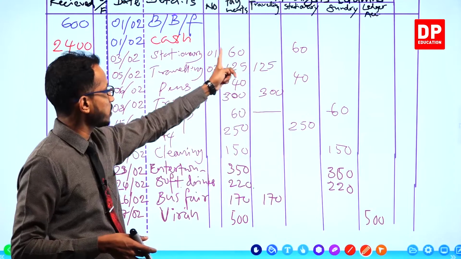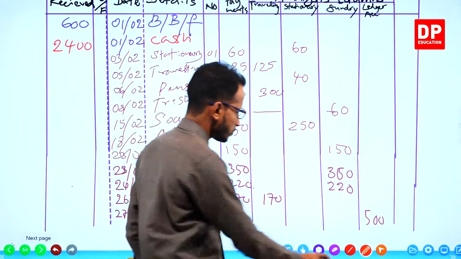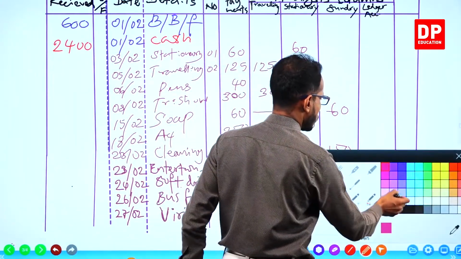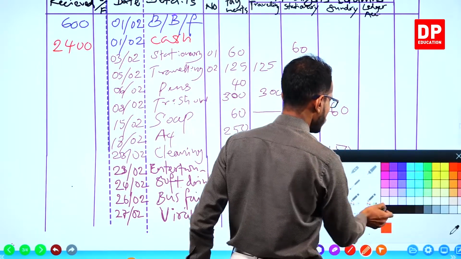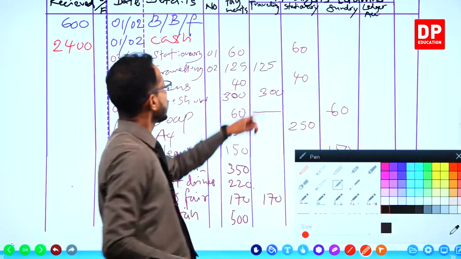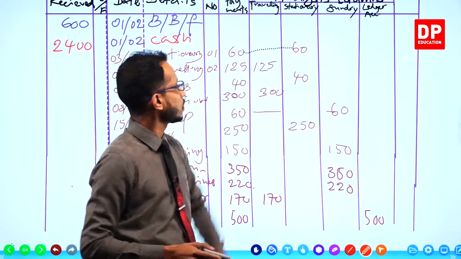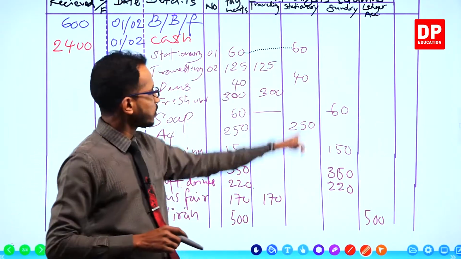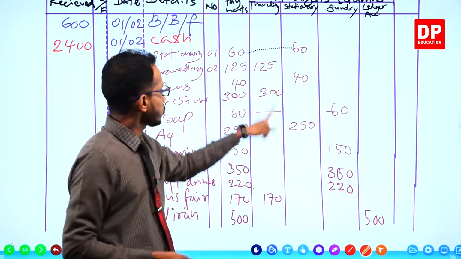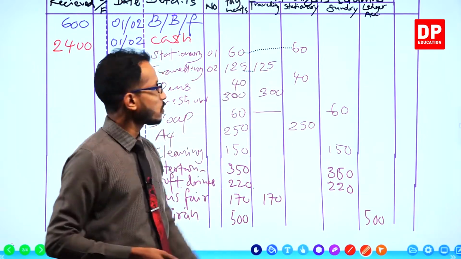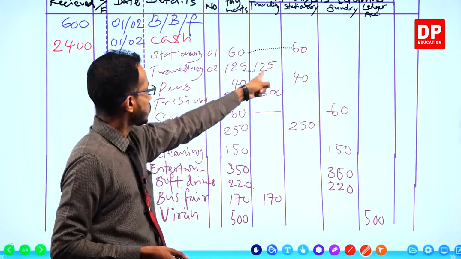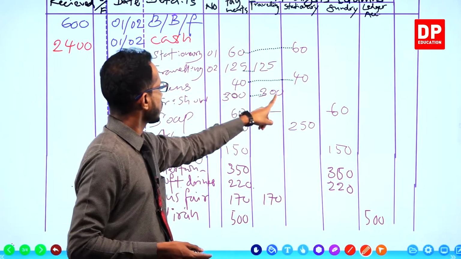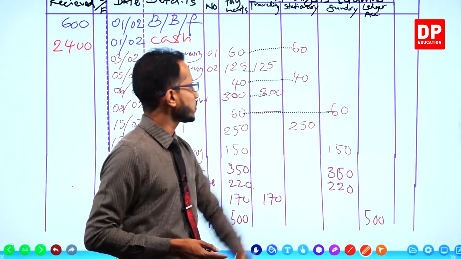Otherwise, as soon as we put 60 in the stationery column, we don't go and record that 60 in the stationery account. As soon as we put 125, we don't go and record that 125 in the traveling account. It doesn't happen like that, children.